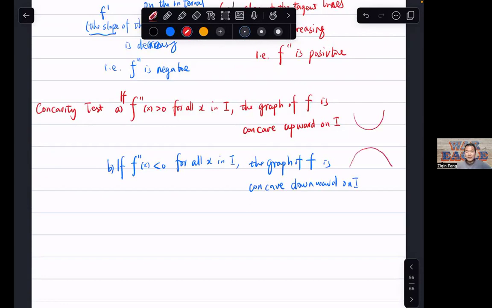So that's how we sketch it if you have a concave upward or downward.